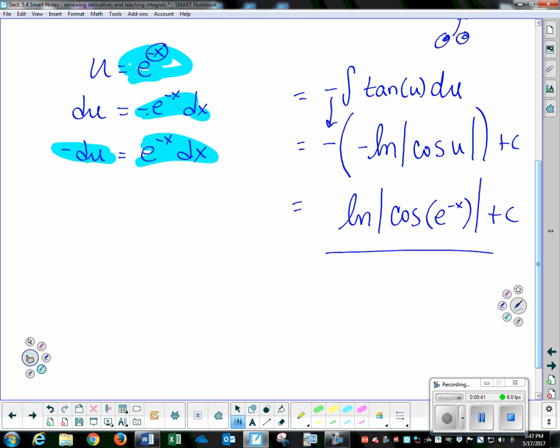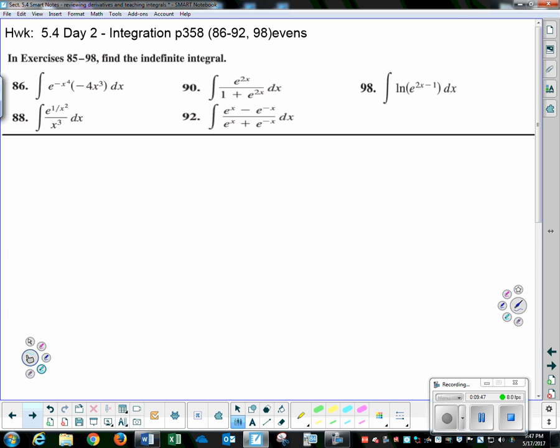So positive there. All right, what you'll have on the back side are the problems that you should work on. And just go ahead and work through that. I'll give you a hint on 86. I would let my u equal that. Okay?